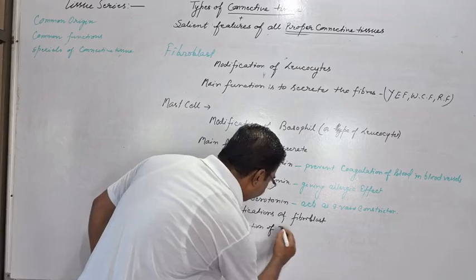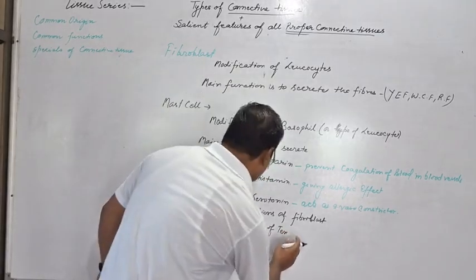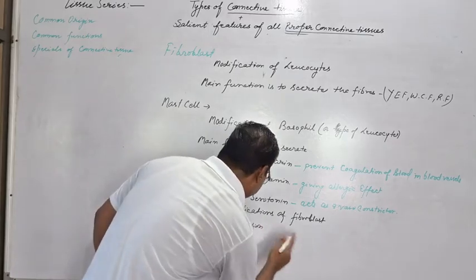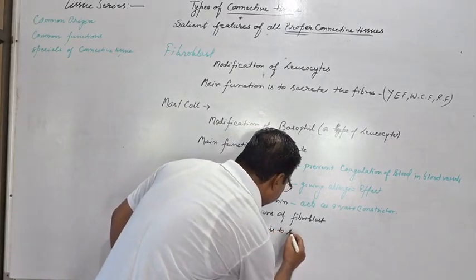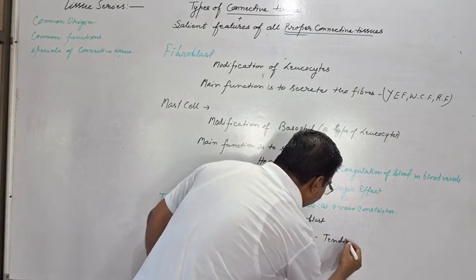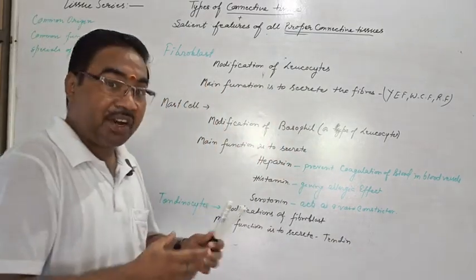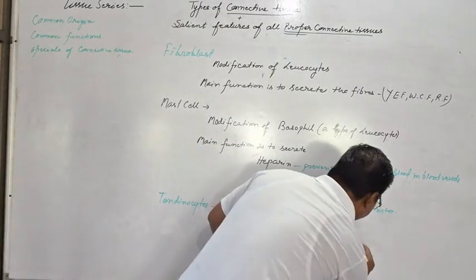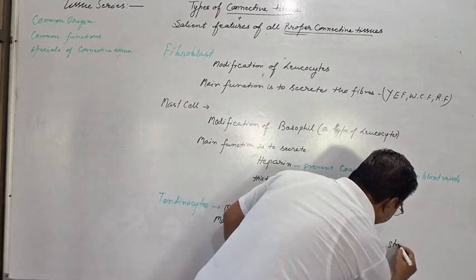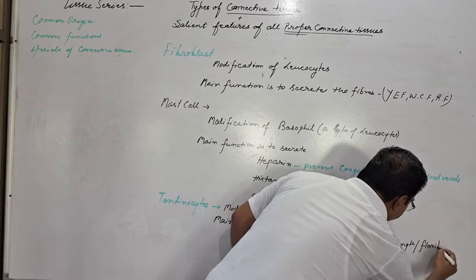The main function of tendinocyte is to secrete tendine. Tendine is a chemical which provides strength and flexibility.